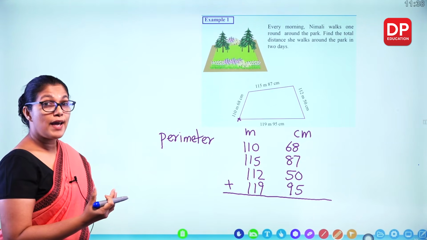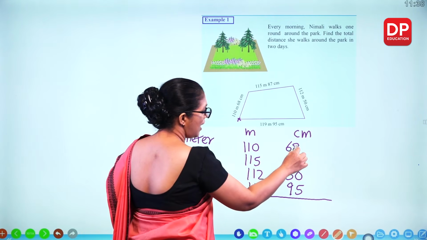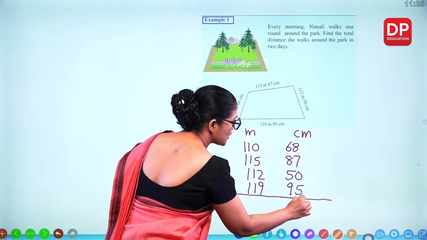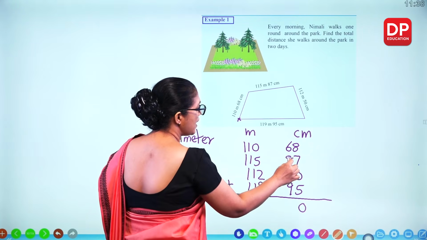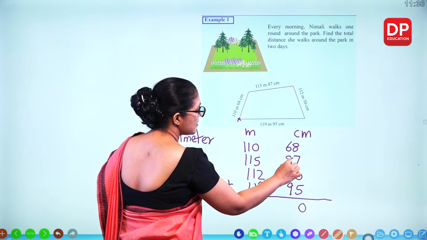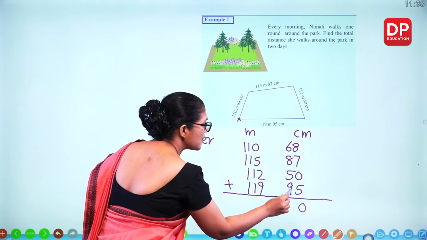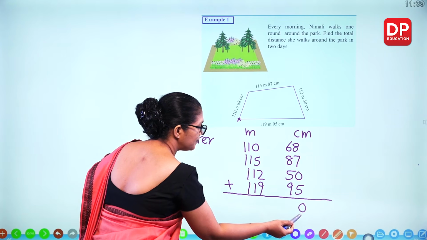So if this is more than 100, you have to take as meters. So we'll add it. 8 plus 7, 15. 15 plus 5, 20. 2 remaining. 10 plus 6, 16. 16 and 5, 21. 21 plus 9, 30.